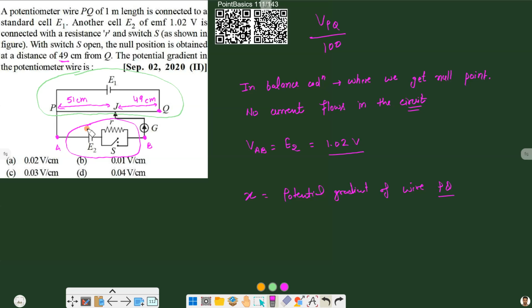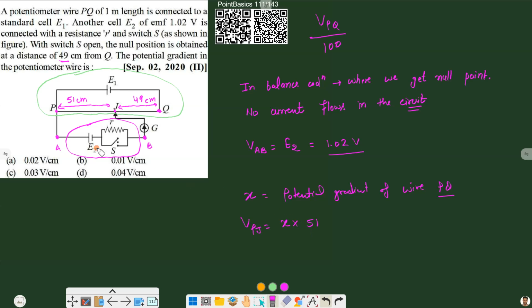Now if X is the potential gradient of wire PQ, we can easily find out the potential developed across the wire, let's say across points P and J. The potential developed, VPJ, will be equal to potential gradient X into the length of that component, that is 51. So X into 51.